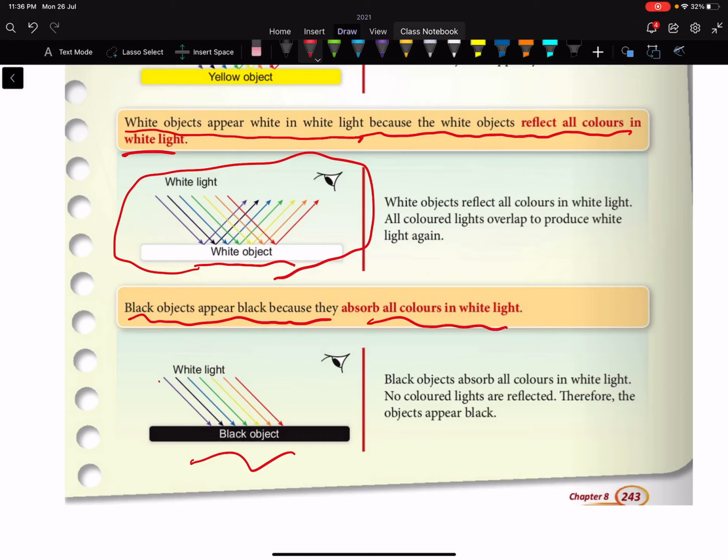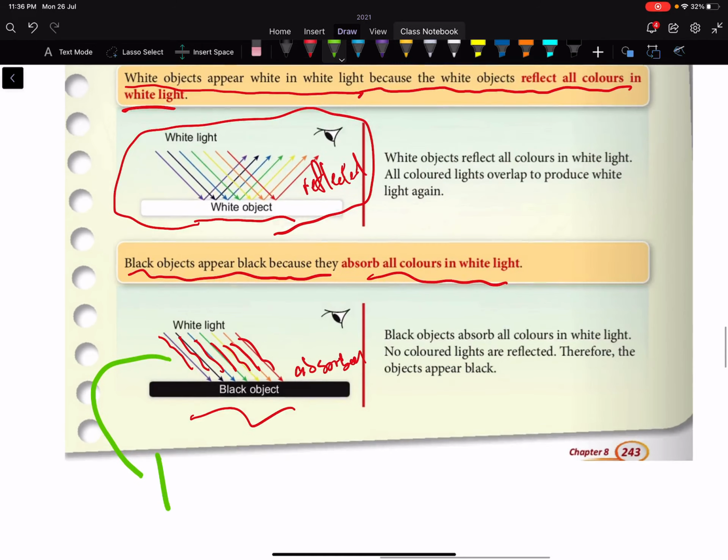So, all of these light rays, wavelengths of light, are absorbed, whereas the one over here is reflected. Right? And now you have to understand that all of this light is also light energy.